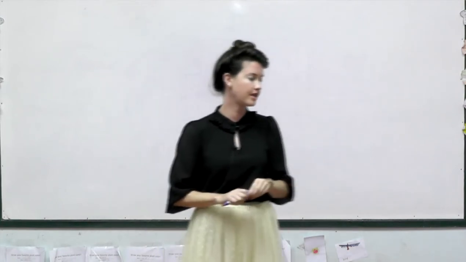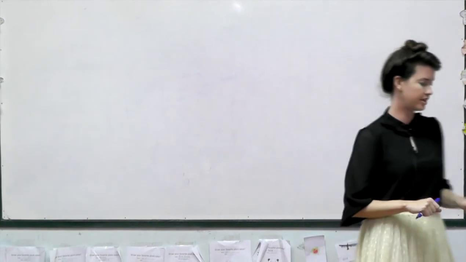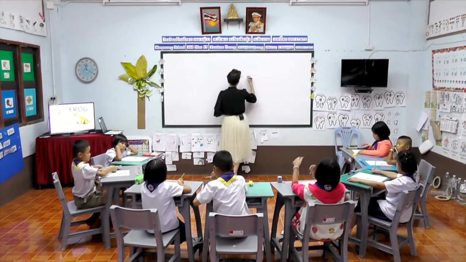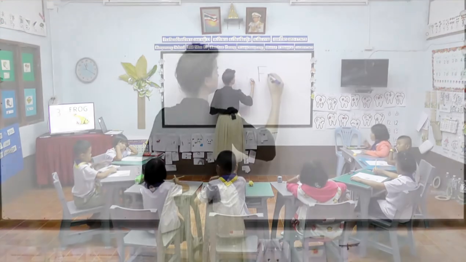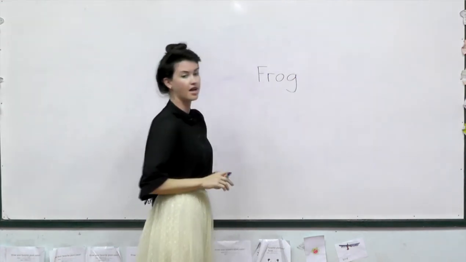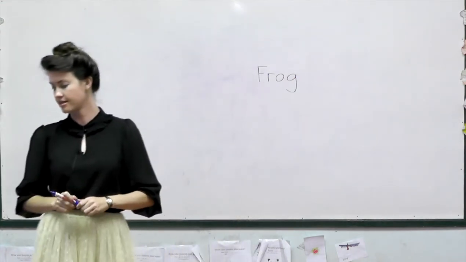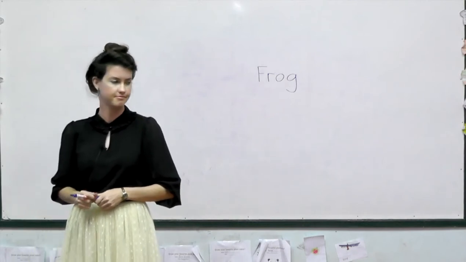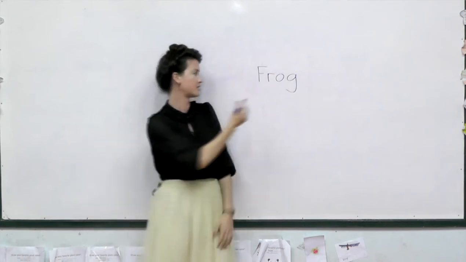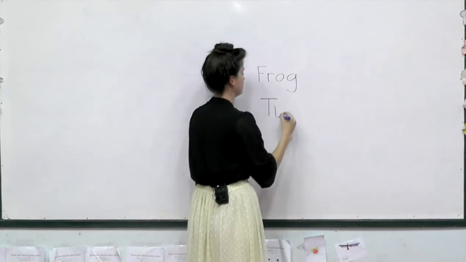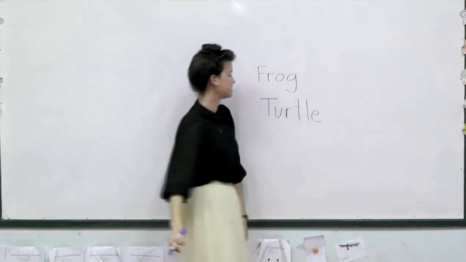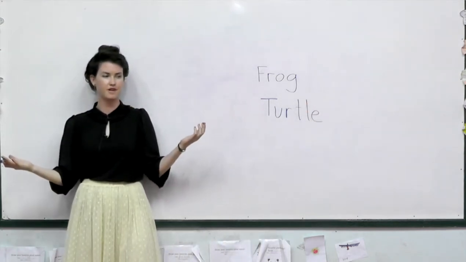So the first word is frog. Help me spell frog. F-R-O-G. Good job. Another word we have in that box in the middle is turtle. Let's spell it first. T-U-R-T-L-E. Very nice. Does a turtle have anything to do with frogs?